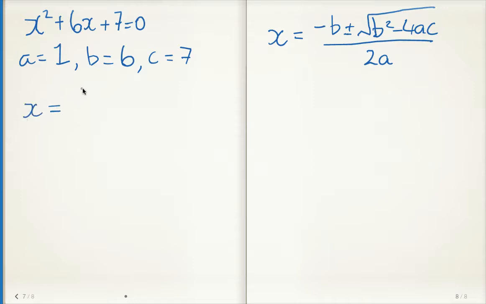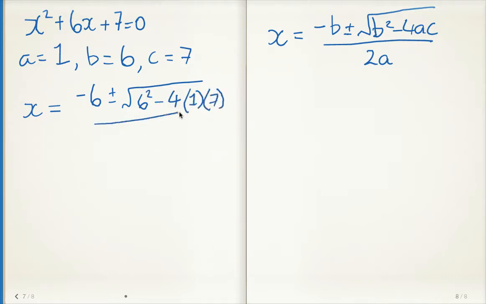So therefore, x is going to be equal to negative b, so that's negative 6, plus or minus the square root of b squared, so that's 6 squared, minus 4 times a times c. The whole thing is divided by 2a, so 2 times 1.